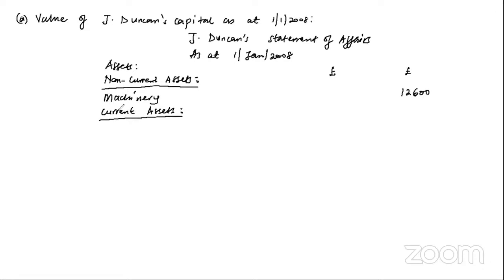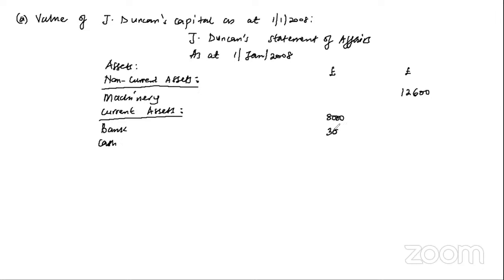Under the current assets of Duncan, of course, you'll start with the opening balances of bank. Check your bank summary. There's an opening balance of 8,000, so you can start with that. It's an asset at the start. Then there is also cash opening balance, which is 300.